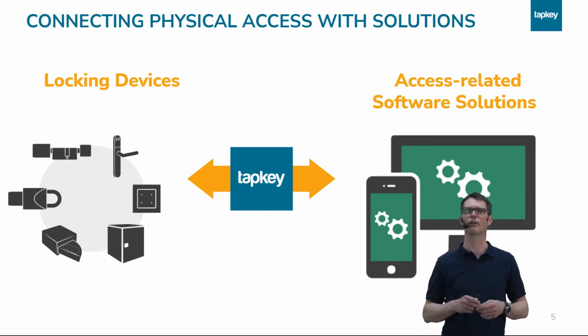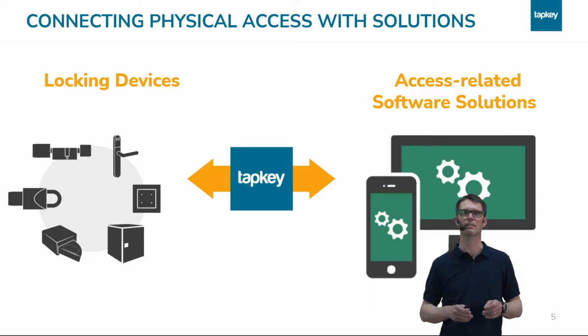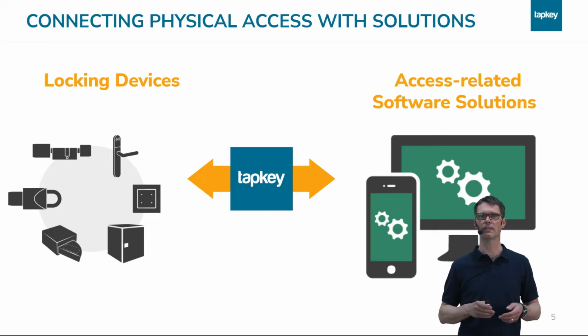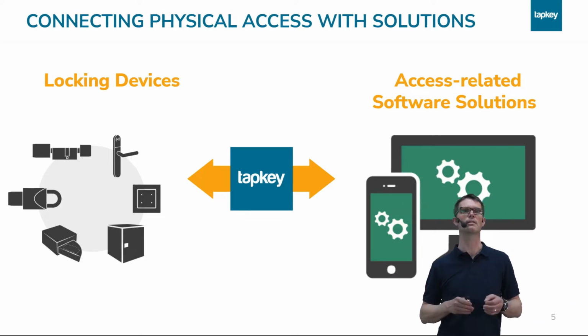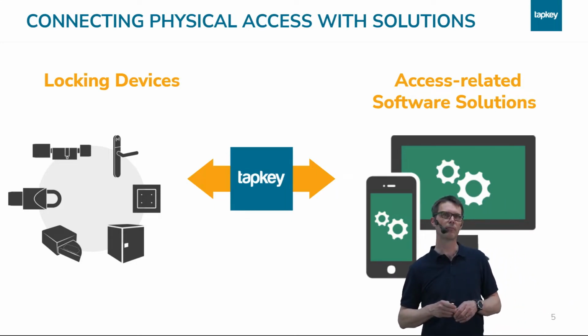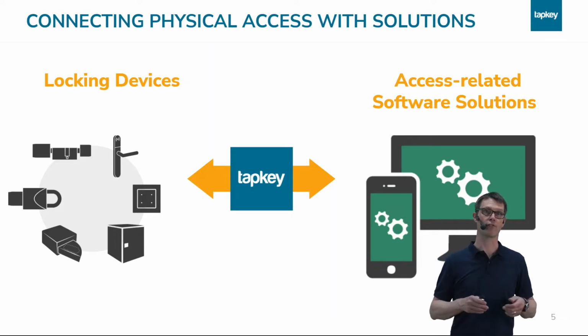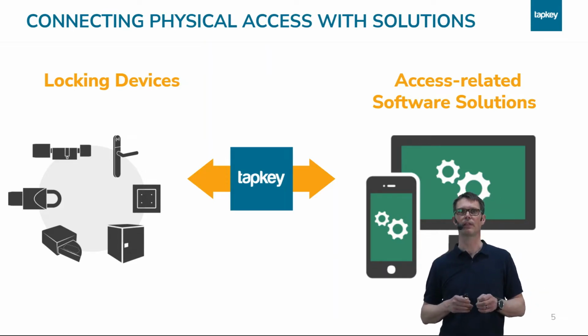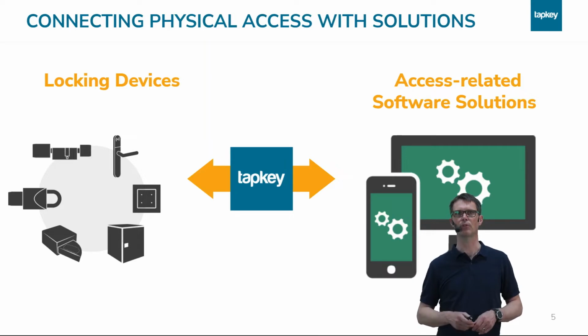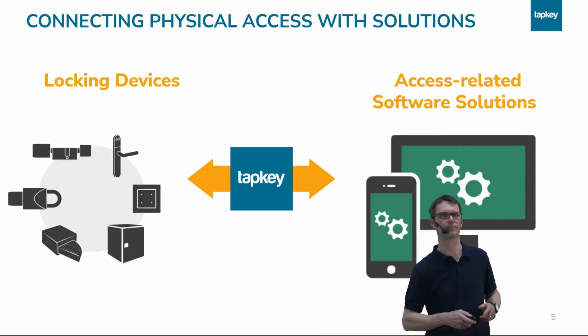We also take care of time zones for time-restricted keys. Or think about firmware upgrade. This means that new features or improvements can be deployed in an installed base. And offline functionality: even in the event of an internet outage, you will not be left in front of a closed door. There are many more useful features helping you to focus on your business.